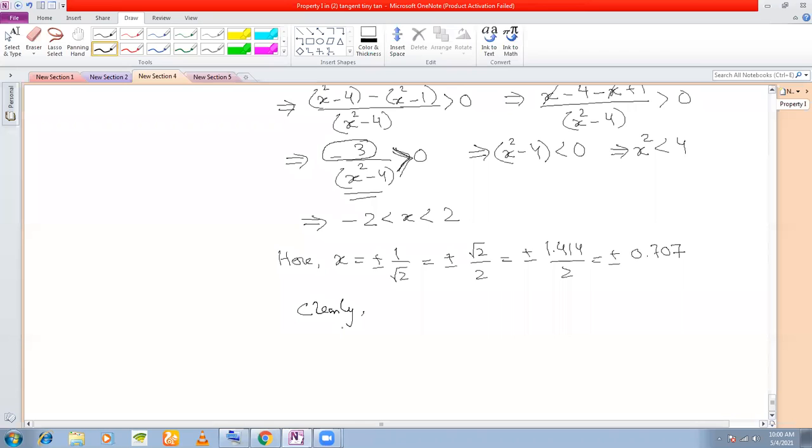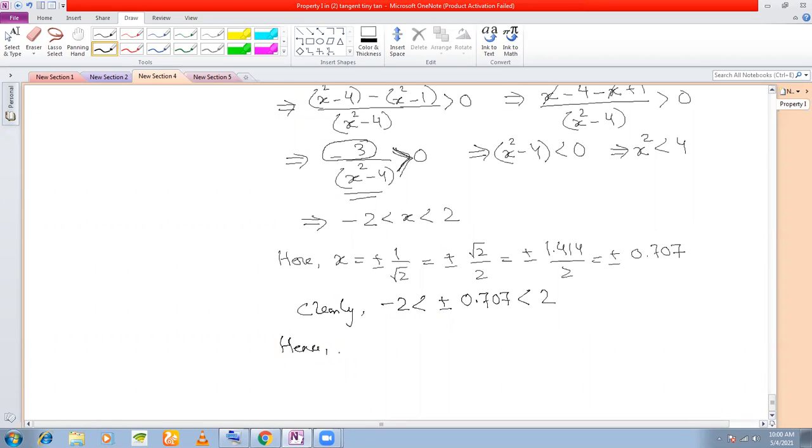Minus 0.707, does it lie between minus 2 and plus 2? Yes, that also lies between minus 2 and plus 2. So clearly, plus or minus 0.707 lies between plus 2 and minus 2.